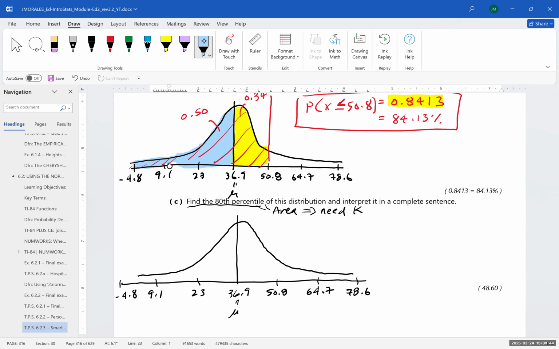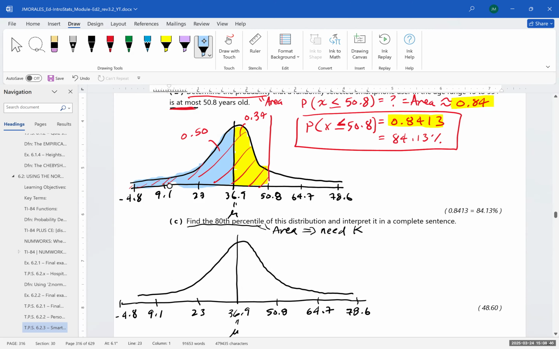Let's use the previous example here. We know that this half is already 50%, and we know that up to the first standard deviation above the mean, this half is 0.34.